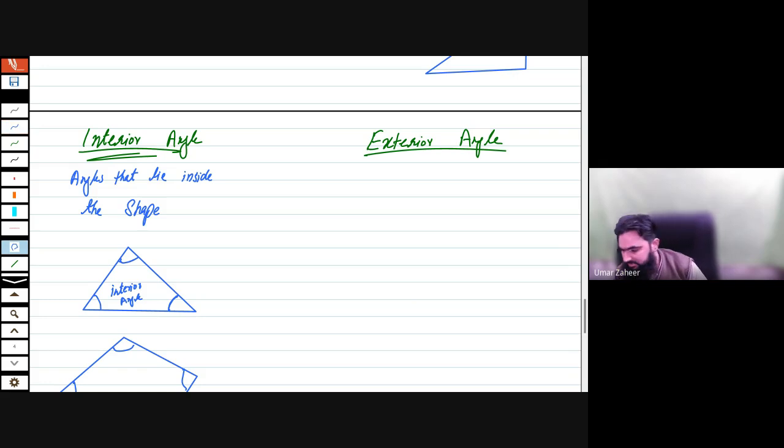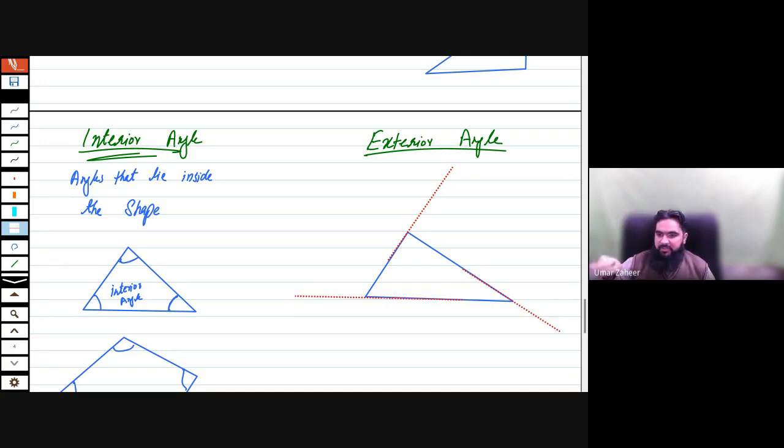It is outside, but obviously it's not easy to explain. Here I'm just going to extend the sides in the clockwise direction. So the angle between the extended side and the side of the triangle is known as the exterior angle.